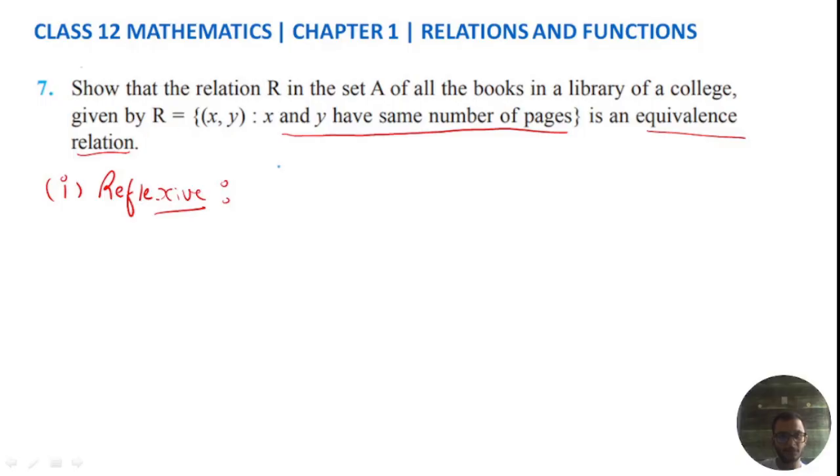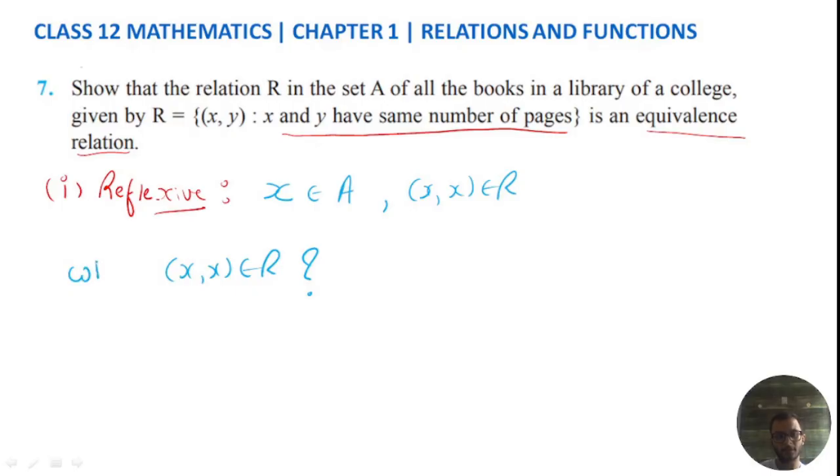Okay, so reflexive. For reflexive, what will we have to show? We'll have to show that for every x belongs to set A, that is our universal set, the set of all books in a college library, we should have x comma x in R. Now since x is any book, when will x comma x belong to R?